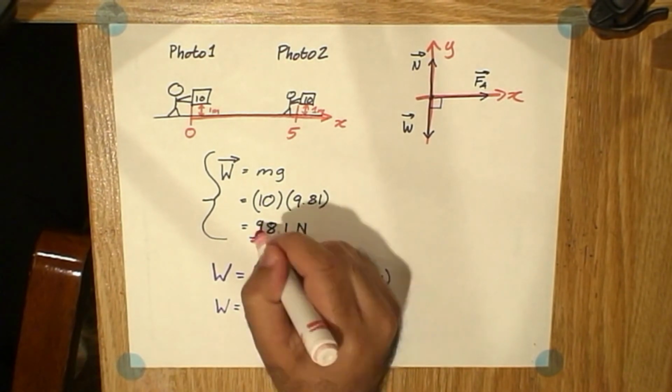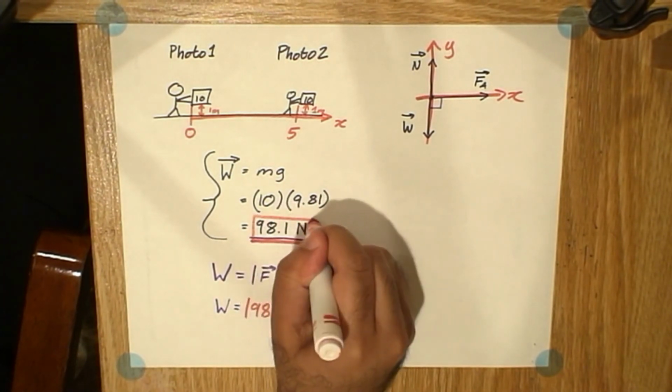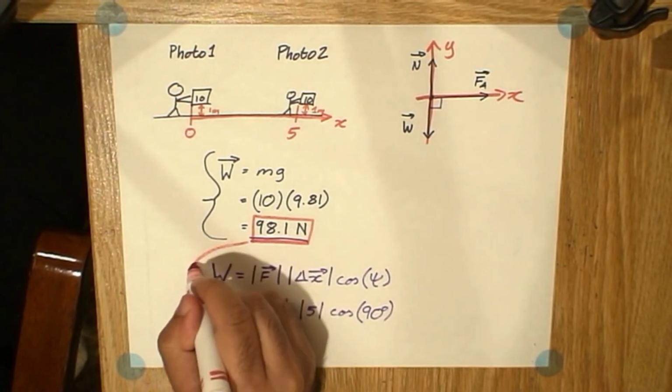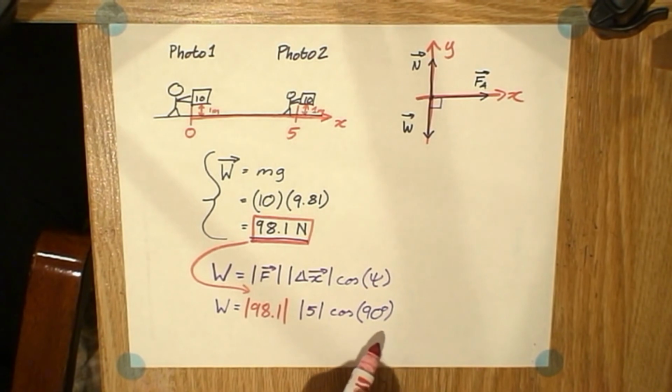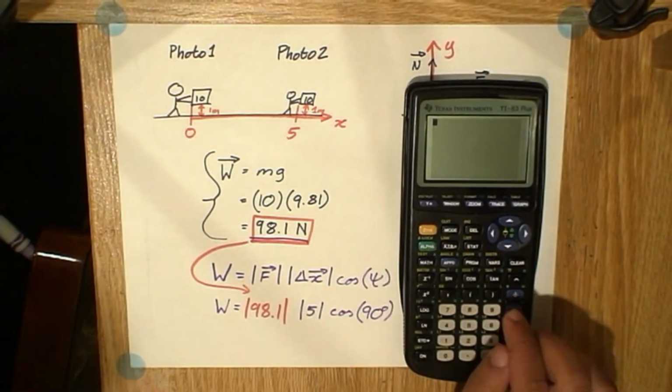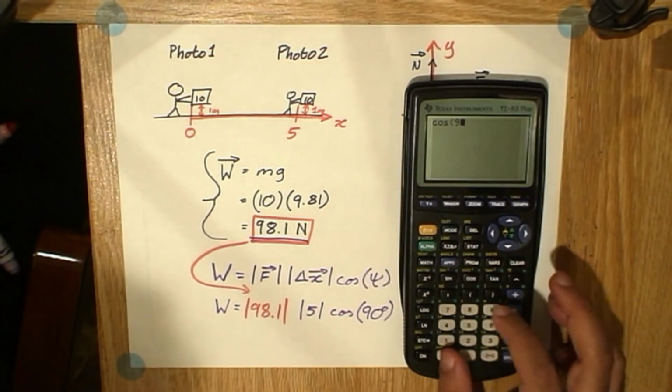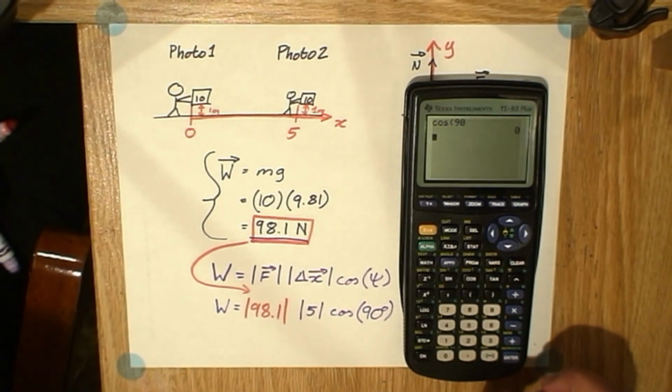So to review, we found out what the weight force was. We plugged that into the work equation in order to solve for the work which this weight force is going to do. Let's go ahead and calculate this. The cosine of 90 degrees is 0.